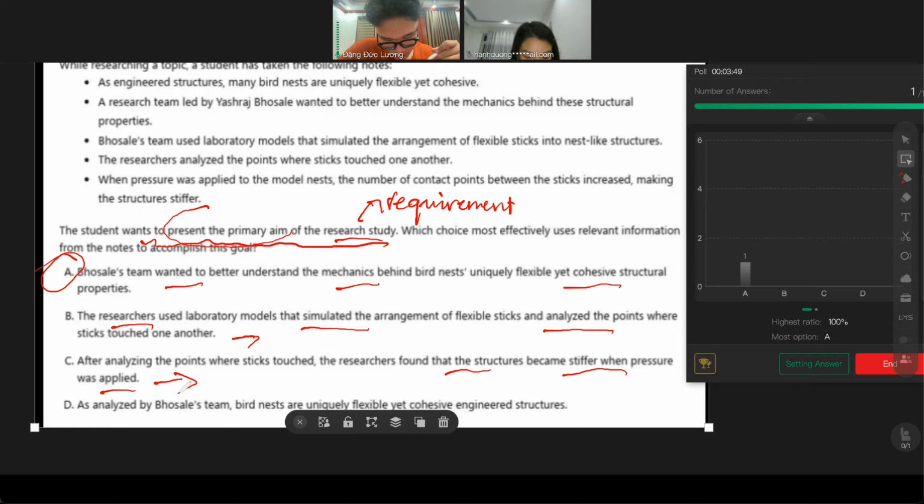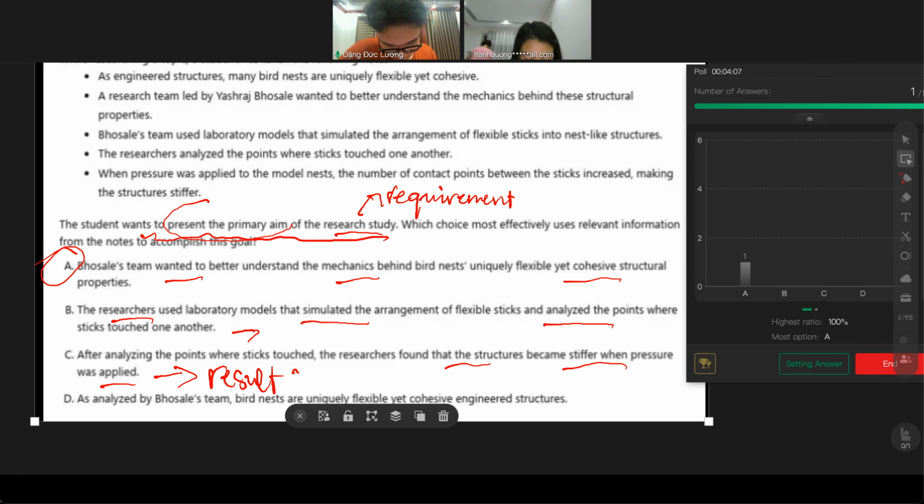So basically, this choice presents the result of the study, right? And choice D, as analyzed by Birdness, are uniquely yet cohesive. It also presents the result, right? So choice A is the only answer that matches the requirements here.